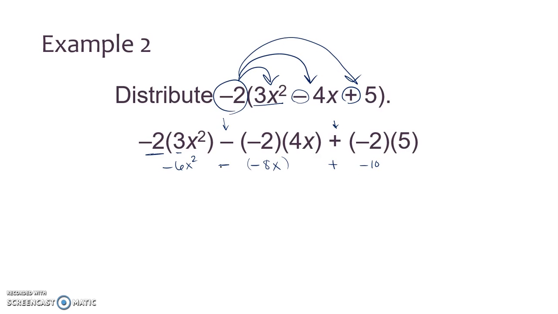And then again, to eliminate all these minus negatives and plus negatives, this will become a positive, or an addition. Plus a negative, the same thing as saying minus. So we can simplify it once more to negative 6x squared plus 8x minus 10.